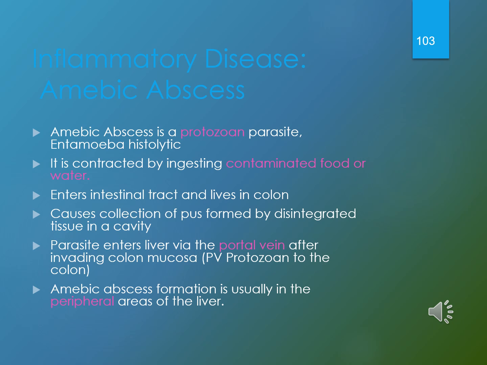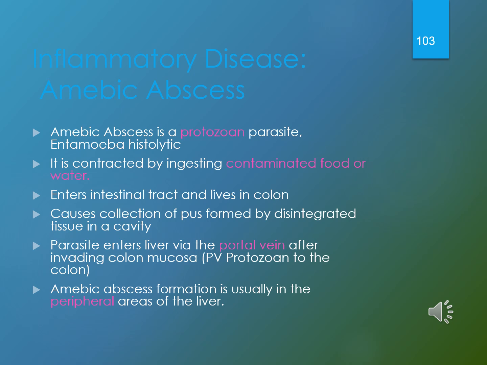So you know how they always tell you, like, don't drink pond water or standing water, that you'll get sick? You can get an amoeba and you can get an amoebic abscess in your liver. Okay, so this is contracted by ingesting contaminated food or water. So don't wash your food in that pond either, right?